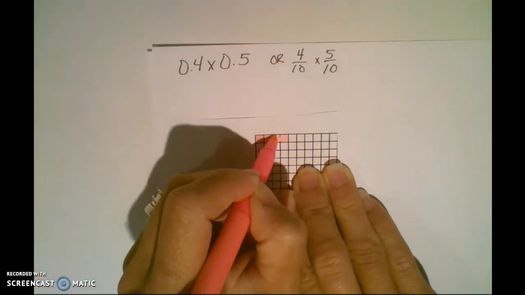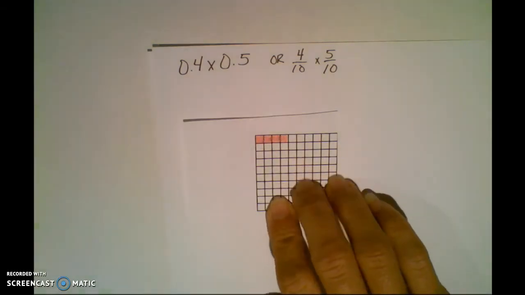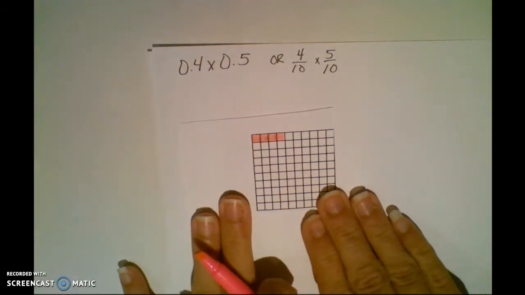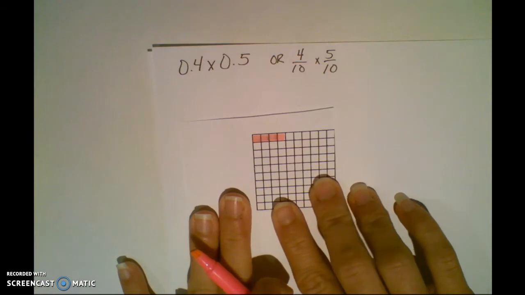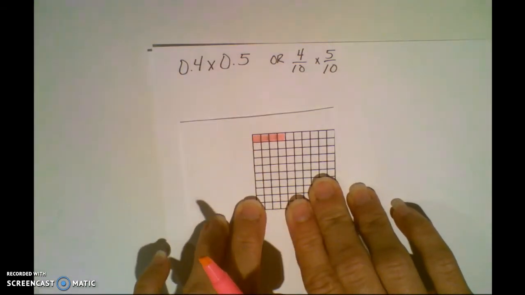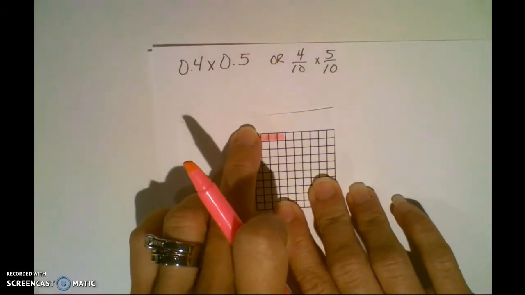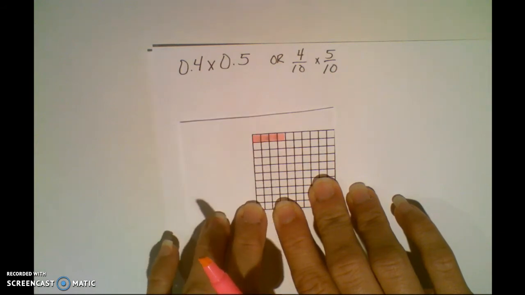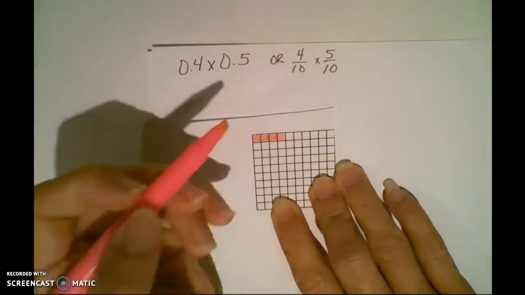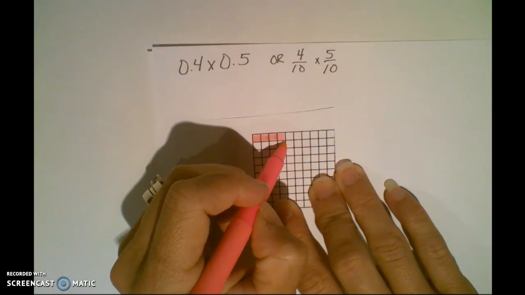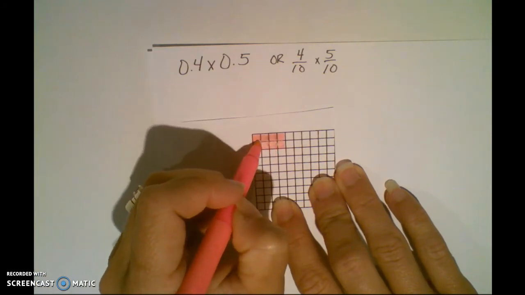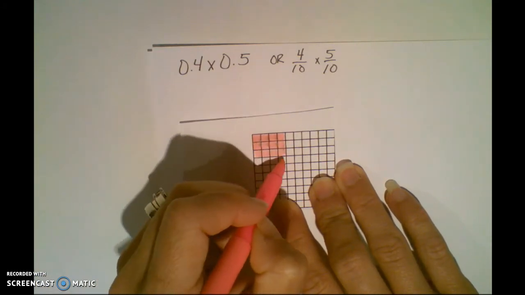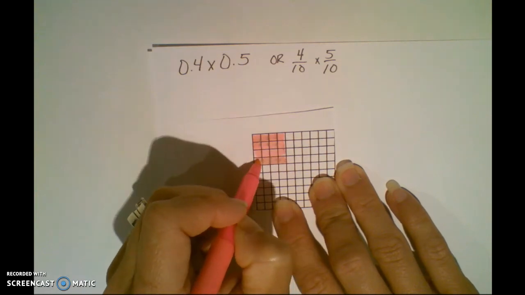So here I've got 4/10 of one row shaded in, okay? And I'm going to shade down not a full column, but 5/10 of a column, okay? So I've got my 4/10 being shaded down 5/10 of a column.